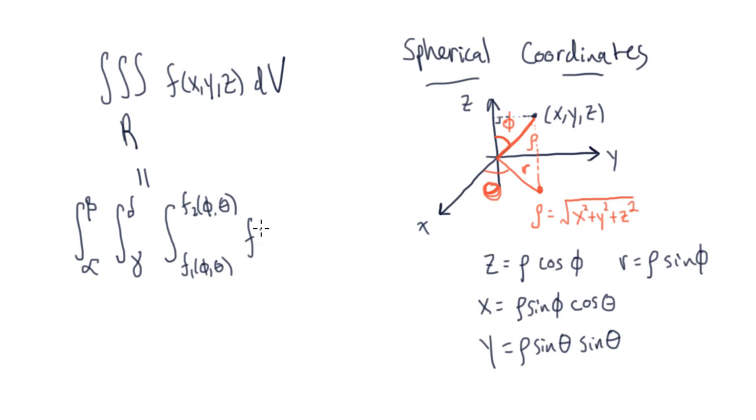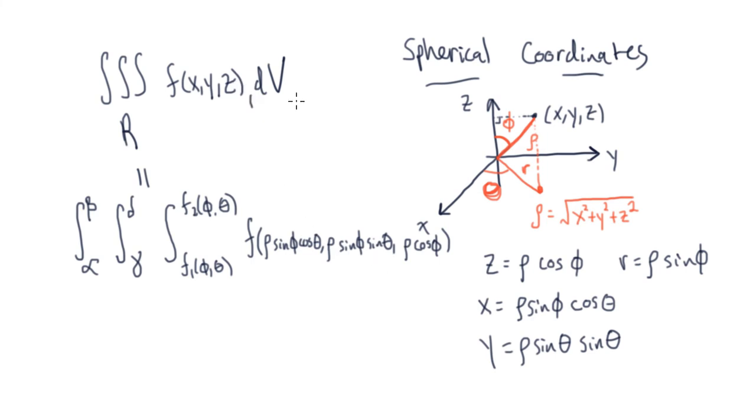We'll plug in what x, y, and z are in terms of rho, phi, and theta. So it'll be rho sine phi cosine theta, and then we'll plug in rho sine phi sine theta for y, and then rho cosine phi for z. So that's what happens to our function.